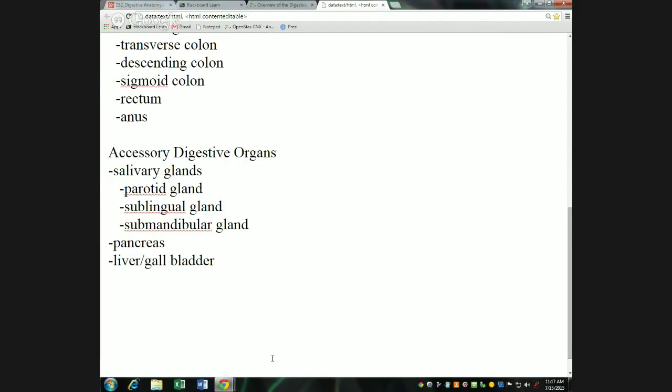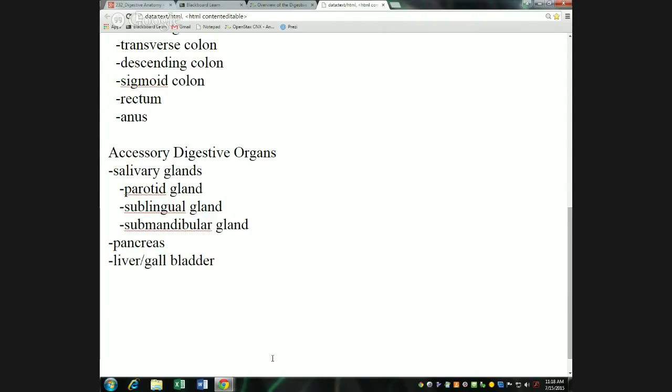Gall actually is another word for bile. Not that it's used that way in modern usage, but so the gallbladder stores bile. That's all it does. And it's found on the inferior surface of the liver. If you've ever looked at the liver model, the gallbladder is usually this little green pear-shaped thing attached to that.